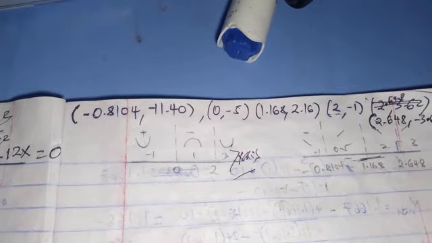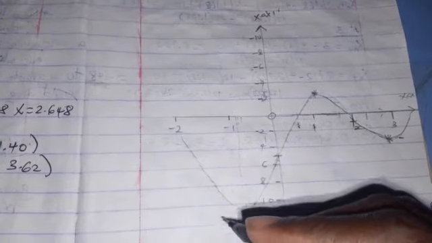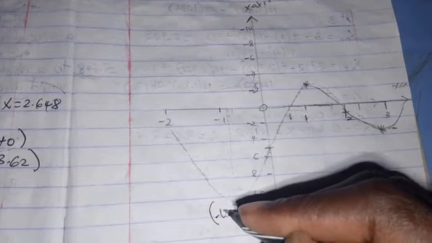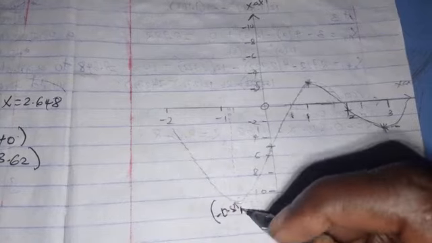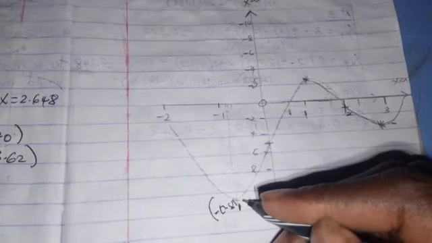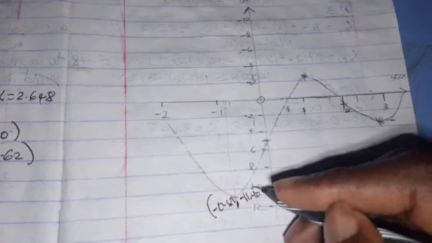So first of all, we are just going to sketch the graph, and this is the sketch. At this point, this is where we have negative 0.81, and I'm going to write it to 2 decimal points, and negative 11.40.